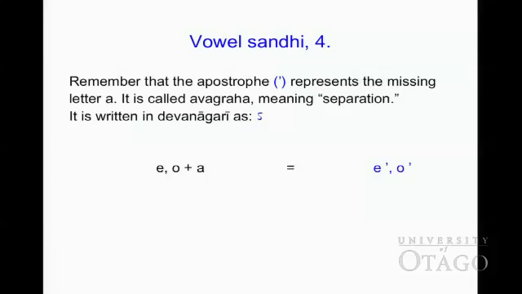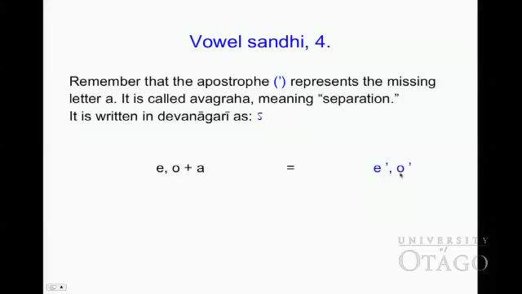Remember that the apostrophe represents the missing letter A. It is called avagraha, meaning separation. It is written in Devanagari as this mark. So this rule number 4 is the final letter of the first word is E or O, and the initial letter of the second word is A. So change A to apostrophe here.